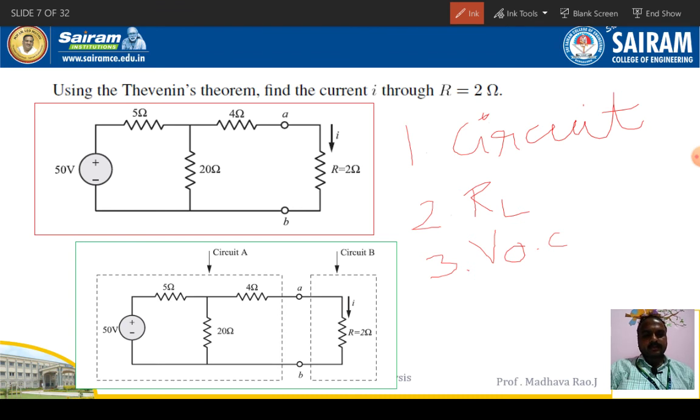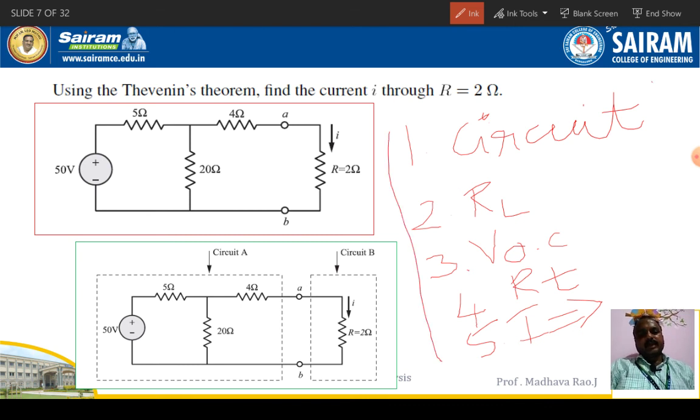The fourth step is find the Thevenin circuit. And the fifth step is reconnect the circuit and find out what is required, the current. So these are the 5 steps we have to follow for Thevenin's theorem problems.